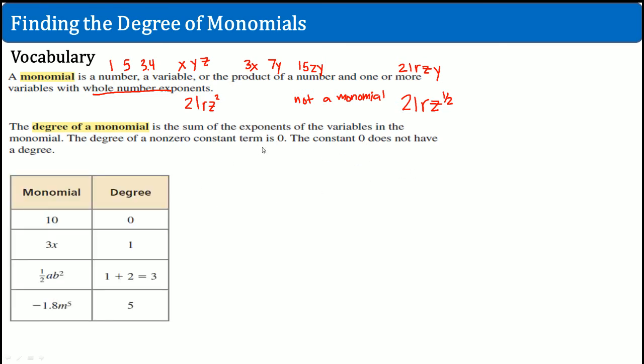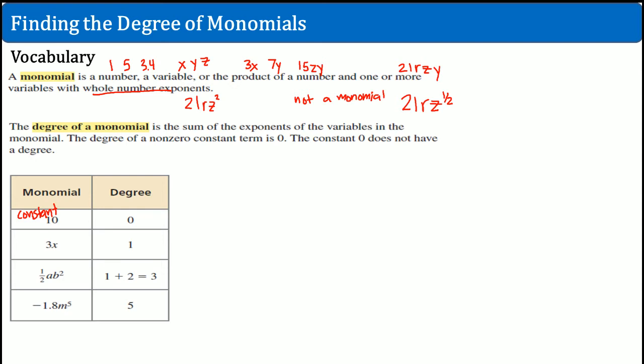What does that mean? So let's take a look. Here, what is the degree here? Normally, right here, this is a constant. Okay, this is a constant. So the degree here would be 0.